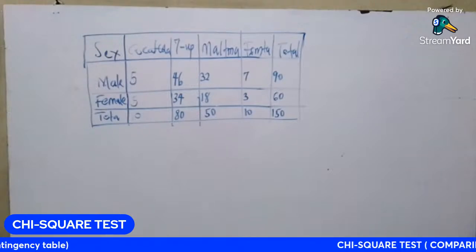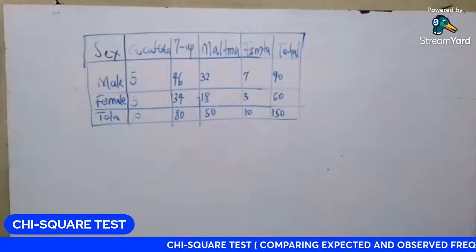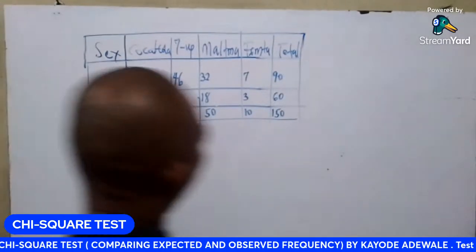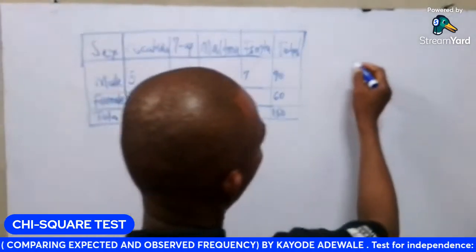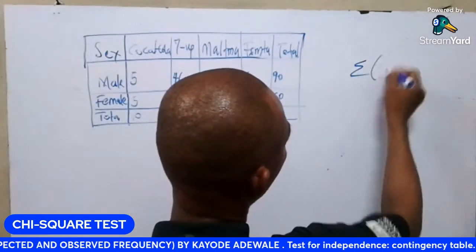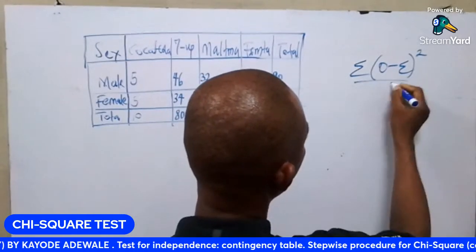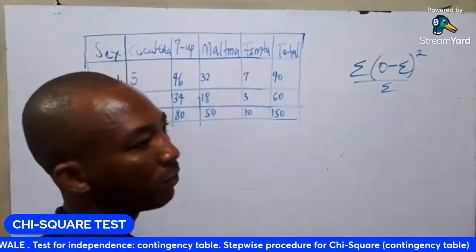Before you do anything on this table, we know the formula for our chi-square is always the summation of observed minus expected, all squared, everything divided by the expected.